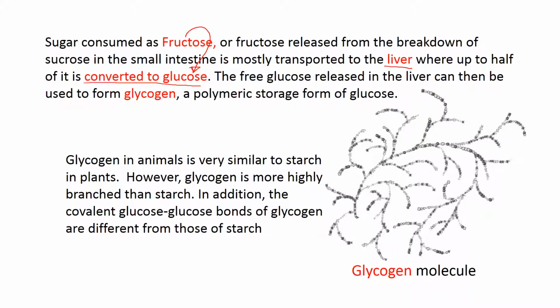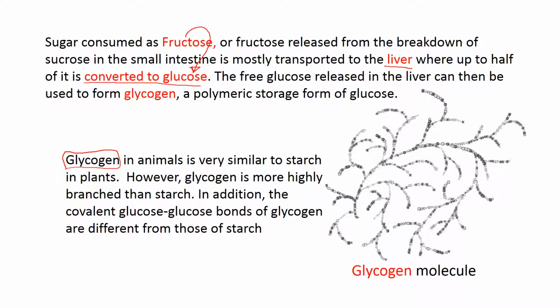Now, the free glucose released in the liver can then be used to form glycogen. Glycogen is a polymer form of glucose storage, very similar to starch. So glycogen in animals is extremely similar to starch in plants.